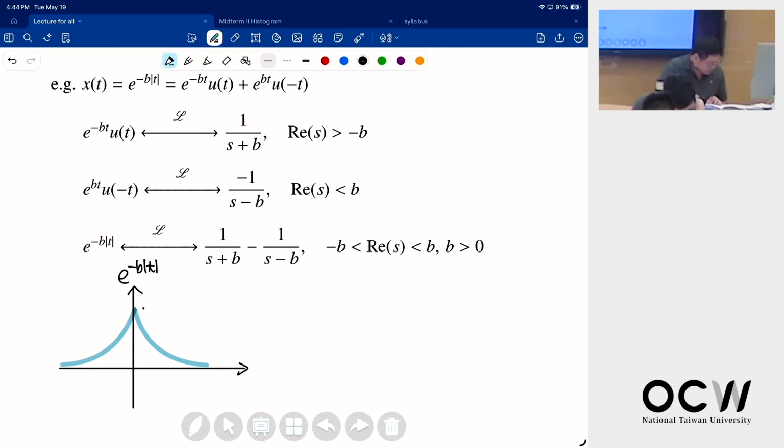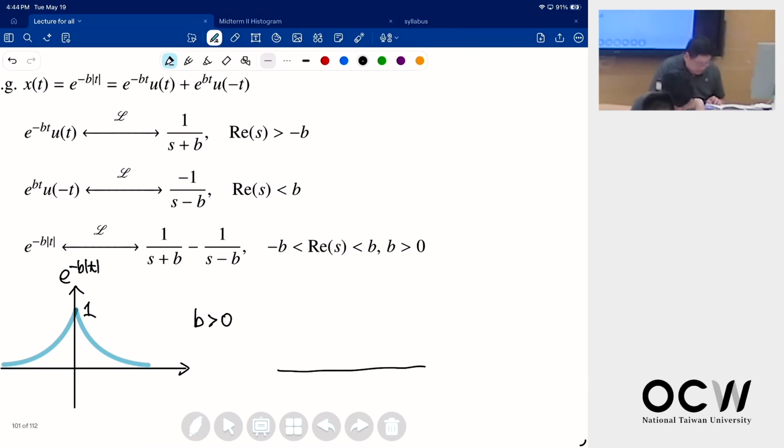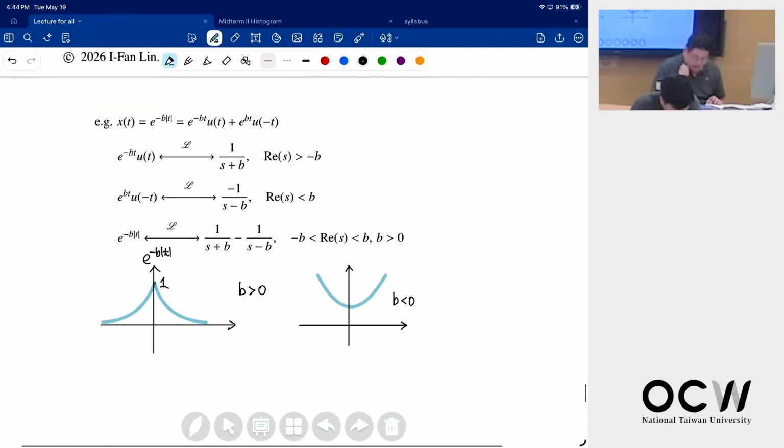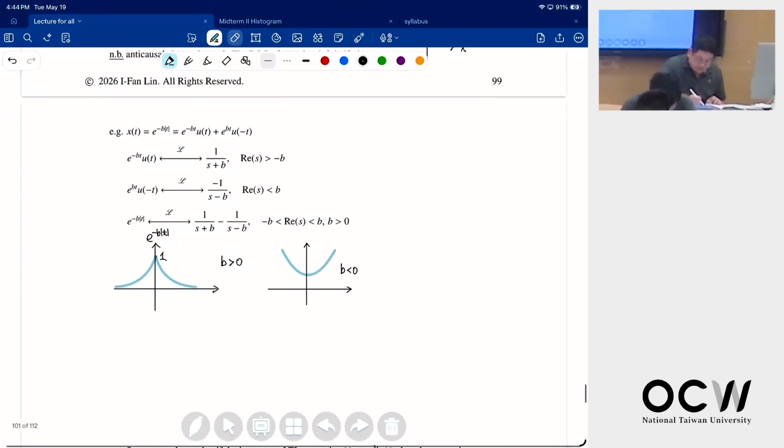When b is less than 0, then the signal looks like this, and then the region of convergence is too close.